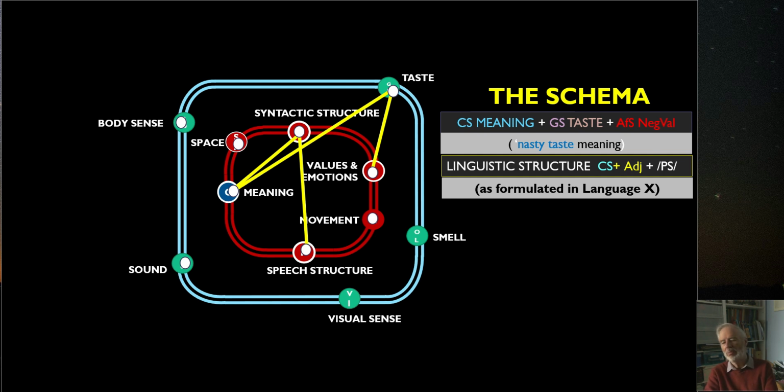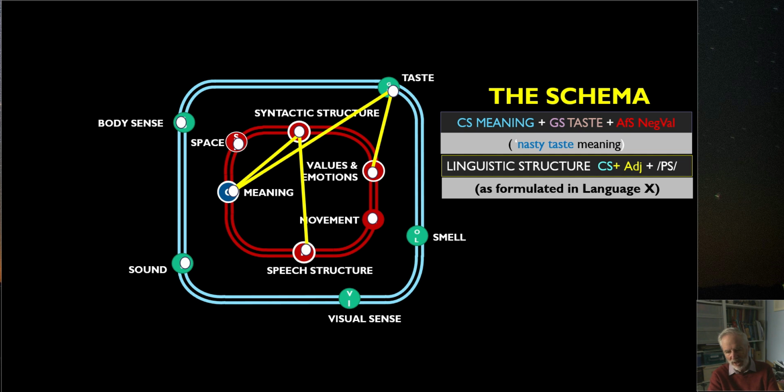schemas, participants involved. So now we've got a linguistic structure, and what it turns out to be is an adjective in the syntactic system, and in the phonological system, that's the speech structure below it, there is a particular phonological structure. This actually is the basis of a particular word.